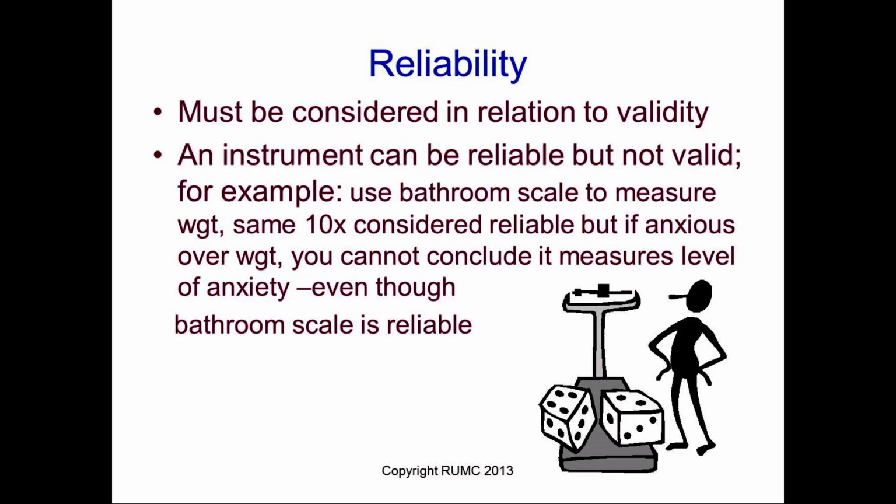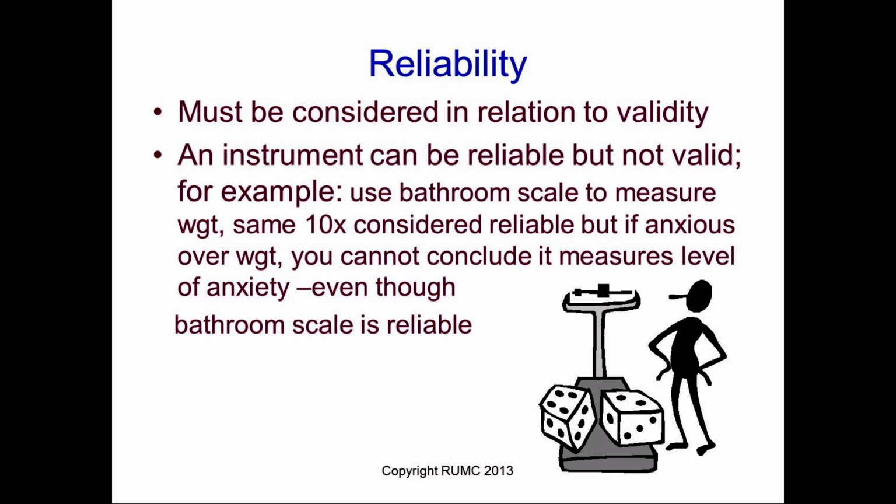Reliability has to be considered in relation to validity. An instrument can be reliable but may not be valid. The best example I have is the bathroom scale, which measures you for weight. If you get on and off it 10 times within the same period of time, it's going to be reliable if it comes within a pound or two of where it was before.